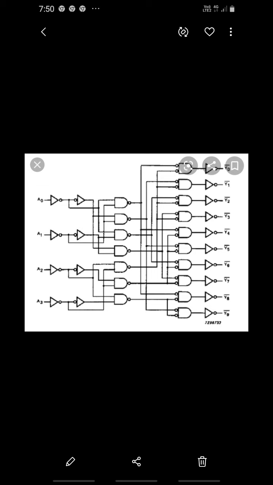So first you can draw the A0, A1, A2, A3, and in the same form you can draw another line, that is A0 bar by using NOT gate, A1 bar, A2 bar, and A3 bar.